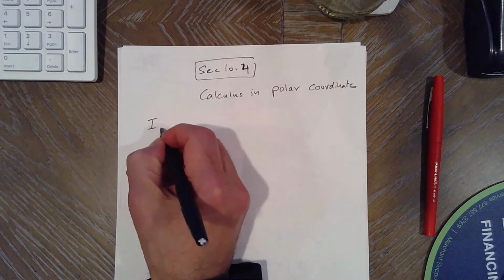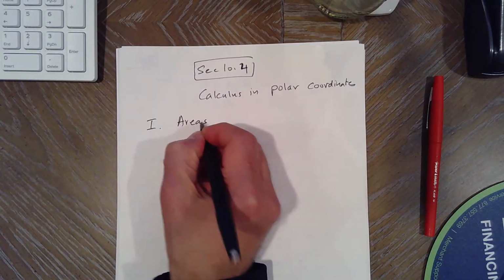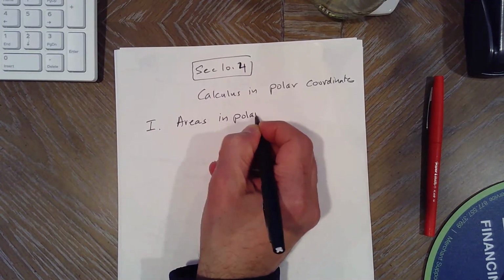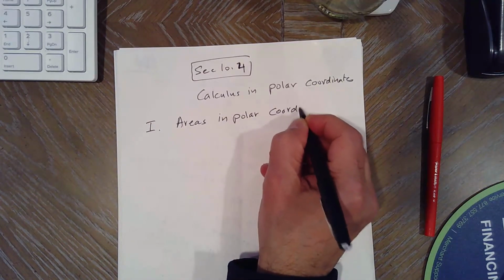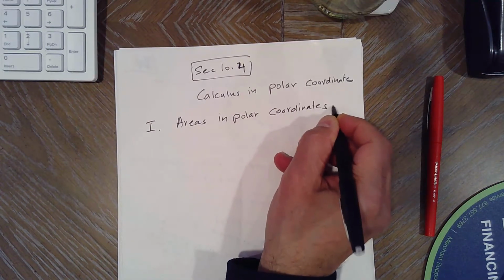First, let's discuss areas in polar coordinates. Areas under a curve or areas between two curves.